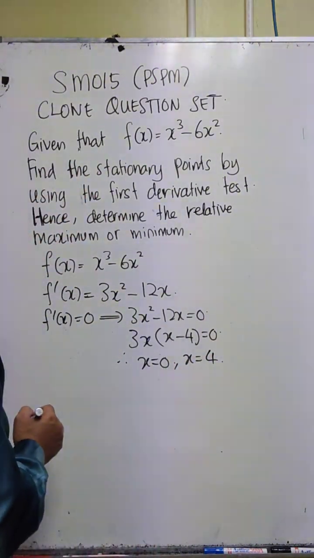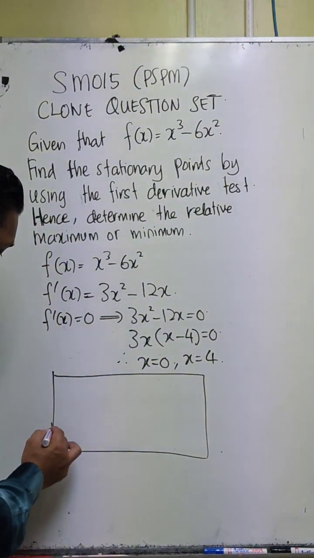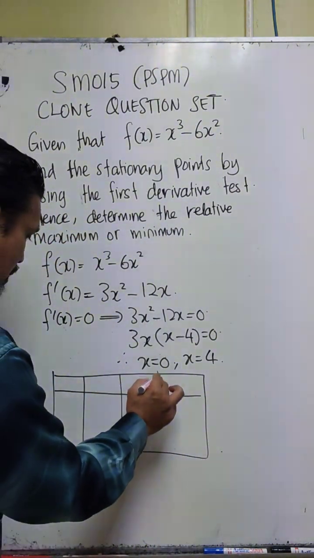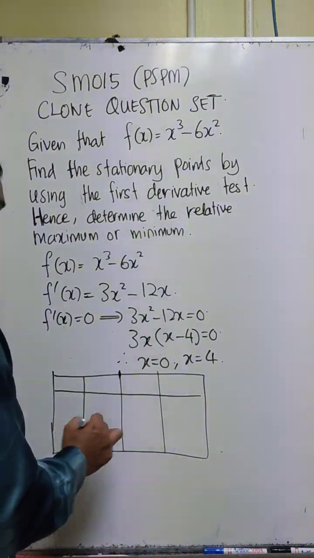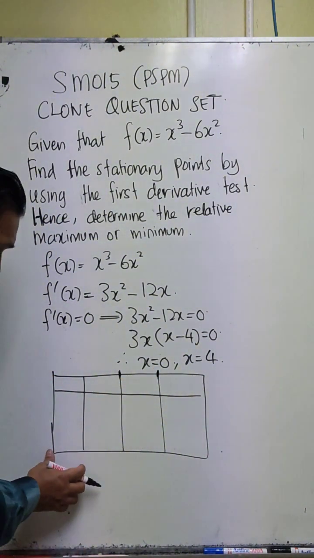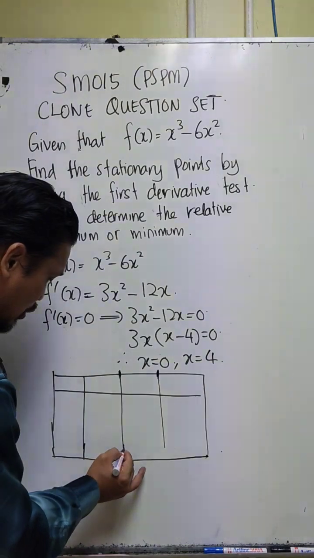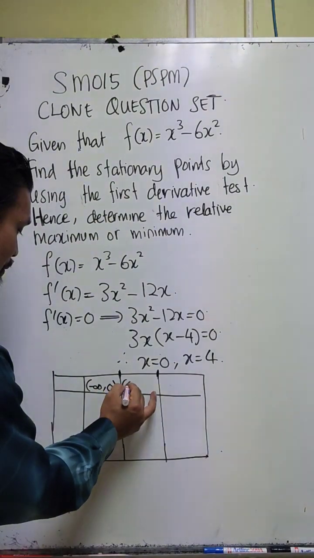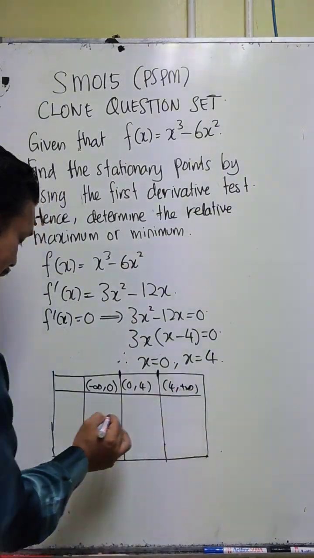Okay, now we come up with a table. Imagine that this is the coordinate of x equals 0 and x equals 4. So there are three intervals: from negative infinity until 0, 0 until 4, and 4 to positive infinity.